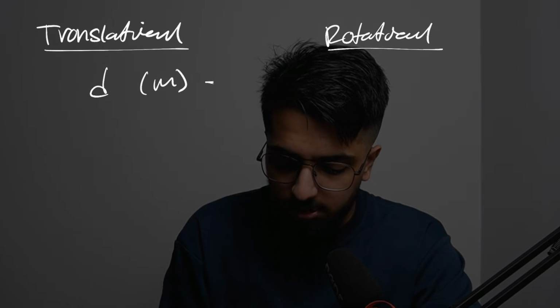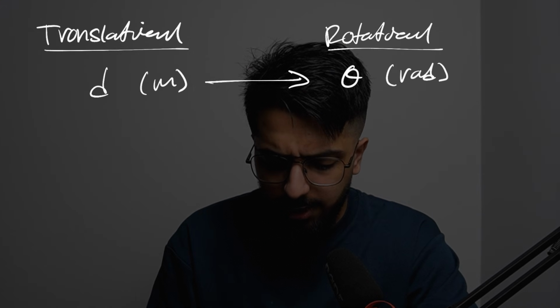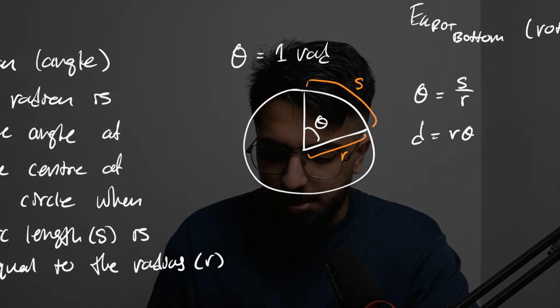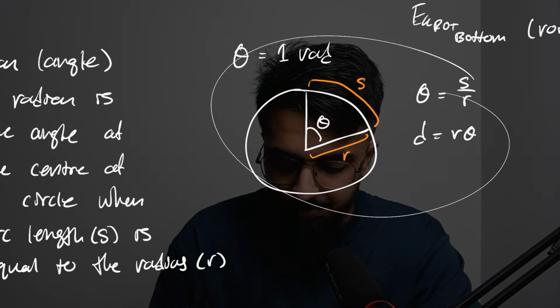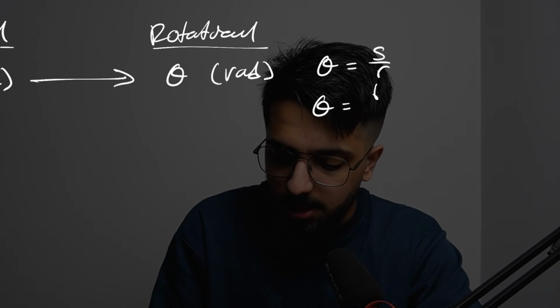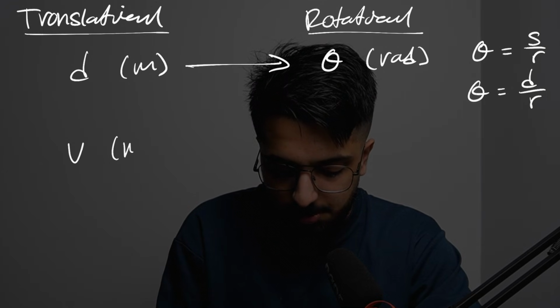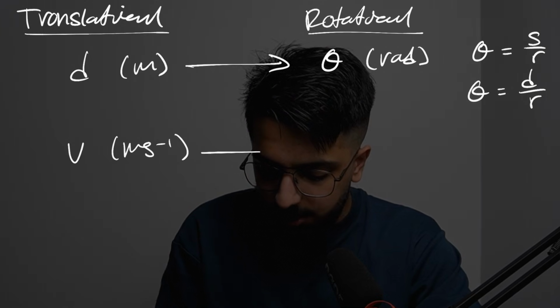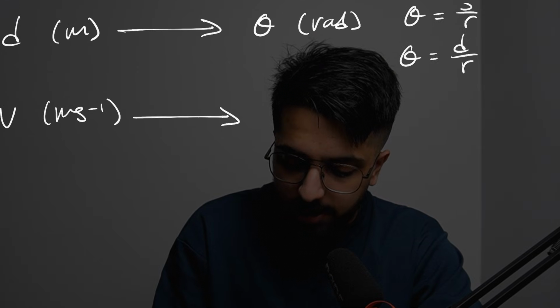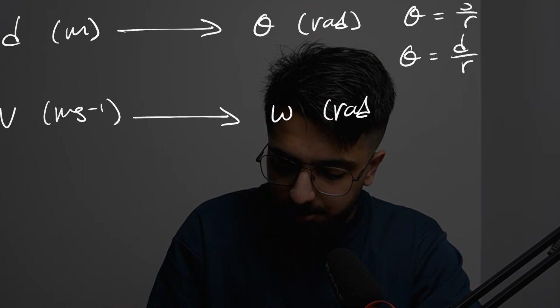And our rotational equivalent of that is theta, and that is in radians, which is basically what we talked about up here. And if you really want, you can change that s to a d. Next up, we have our velocity, which is in meters per second. And our rotational equivalent of that is omega, or our angular velocity, and that's in radians per second.